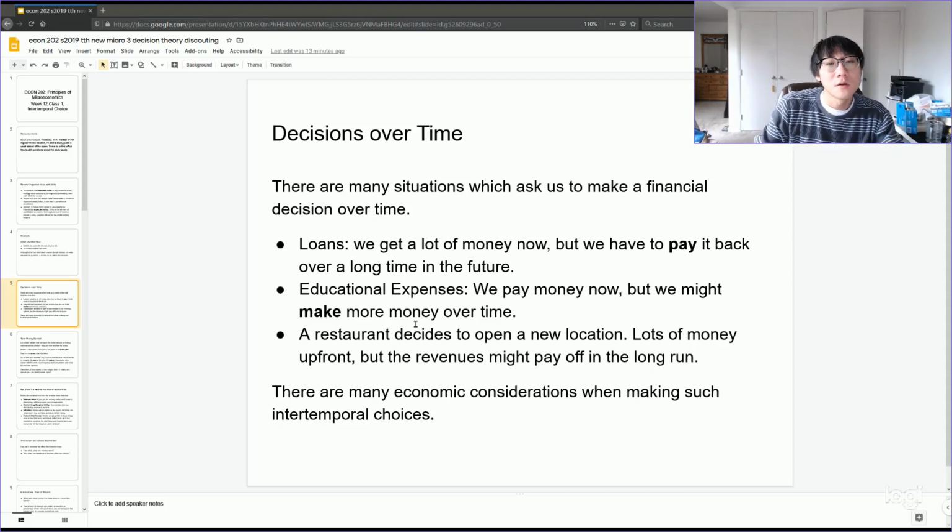And so you sort of get some of that money back because you're making more money over time. Same thing with respect to a business, right? A restaurant might decide to open up a location. Again, that's a lot of money up front, but the extra revenues that you get from that new location might sort of tip the balance of things in the long run. Okay, so these types of decisions over time that involve sort of compromising between money now and money in the future are very common.